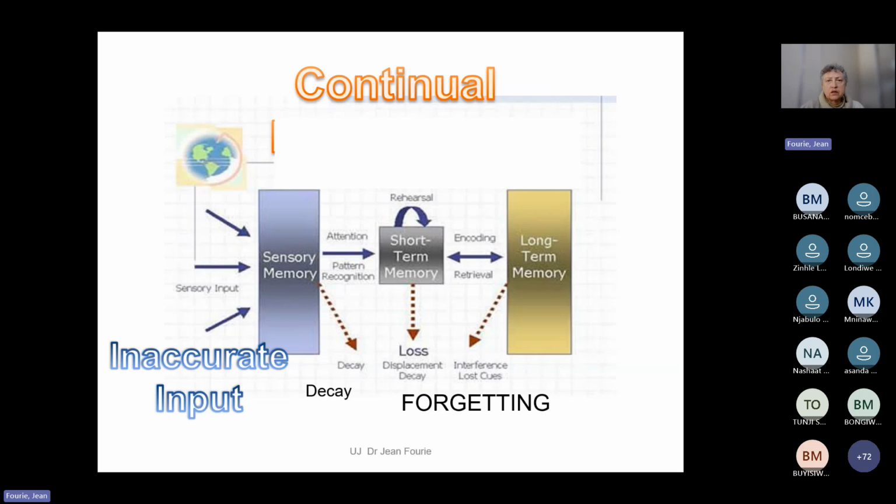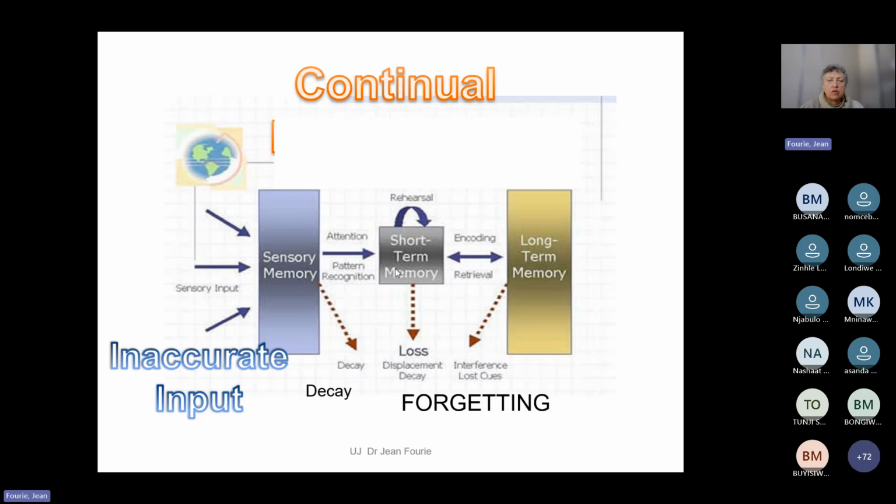People will see a thing happening, and 2 or 3 people will see the same incident, but they will report on it in very different ways. So we know that we are not all seeing the same thing in the same way. So, inaccurate input.